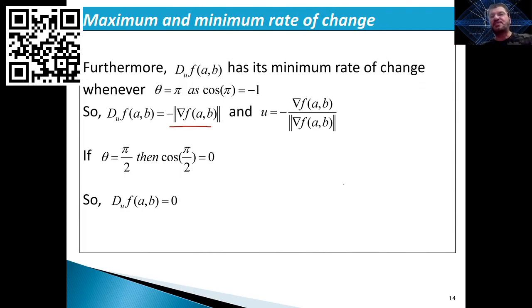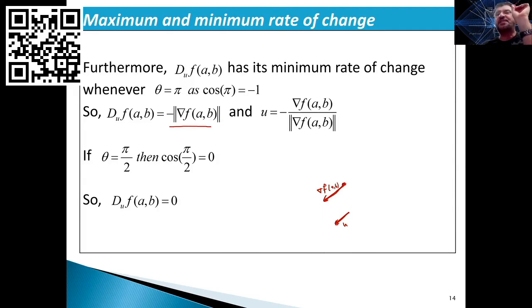Alrighty? So the object is here. U, for example, is in this direction. If u and the gradient are in the same direction, remember this is the gradient of f, the vector at the point a, b. This is the vector that is perpendicular to the what? To the surface at this point. So if this vector and u are going in the same direction, what's going to happen here?